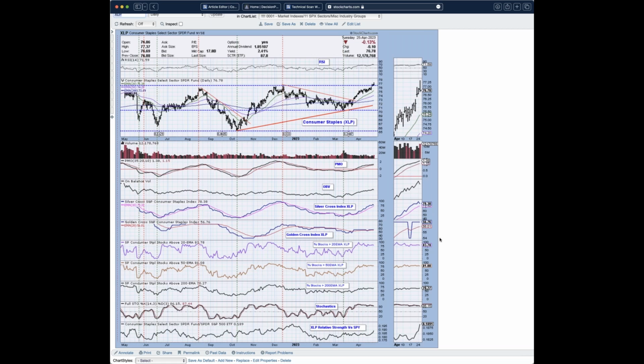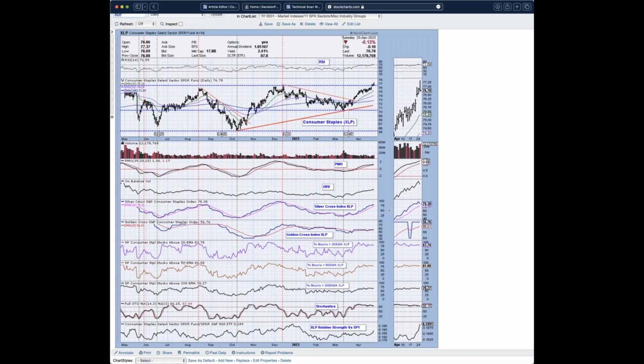I think this sector still has a little bit more life in it, basically because we still have pretty good participation under the surface as far as stocks above their 20 and 50. I mean, that really hasn't done anything. The Silver Cross did top, but I have to say that when you're talking about a sector or an industry group where the collection of stocks is smaller, when that sample size is smaller, you do see some twitches.